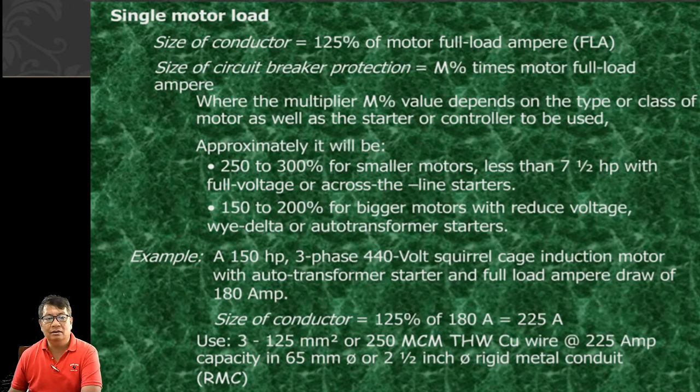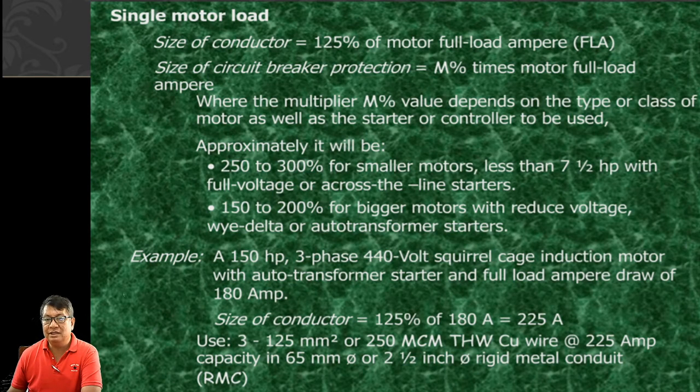Halimbawa, mayroon tayo dito. Okay, so halimbawa 150 horsepower, 3-phase, 440 volts, squirrel cage induction motor with auto transformer starter and full load ampere draw of 180 amperes. Okay, so this is our current, no? So 180 amperes. To determine the conductor size, 125% of that 180, we have 225. So hanap tayo ng conductor that could accommodate 225 amperes.